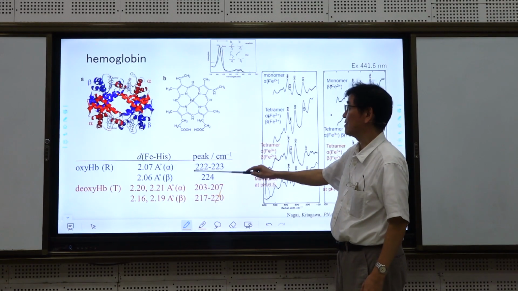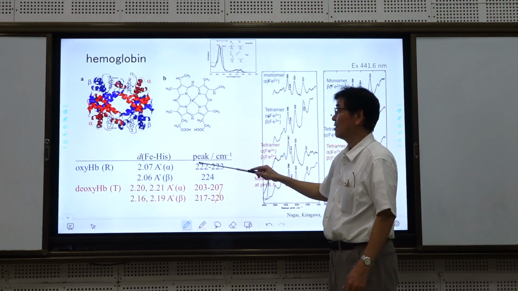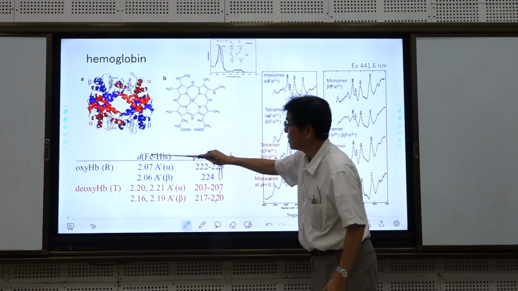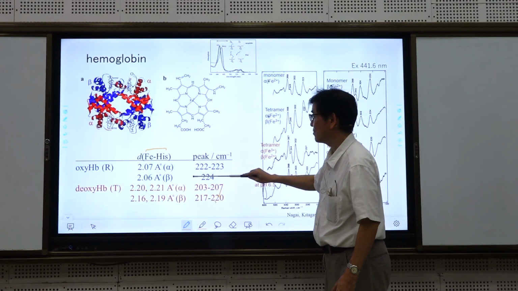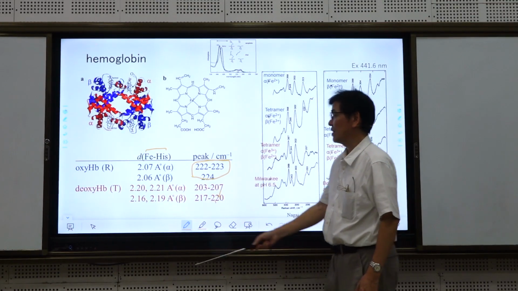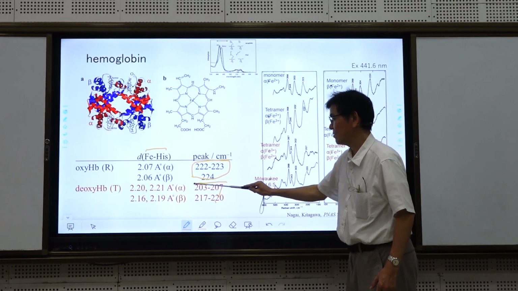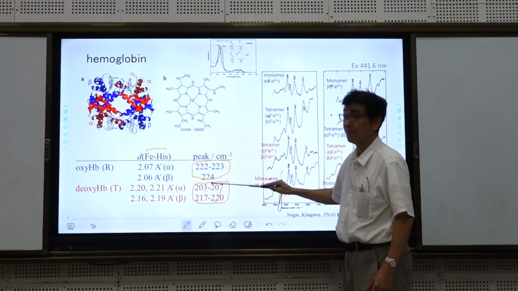Here, we can apply Raman spectroscopy. So when we focus on the iron histidine vibration, frequency 220 or around here, in the case of deoxyhemoglobin, the peak position is clearly different from these numbers.